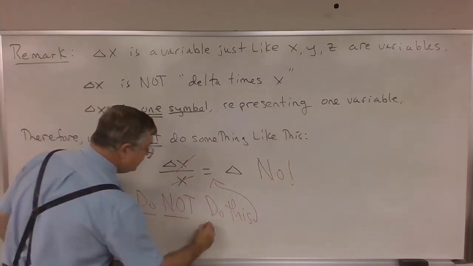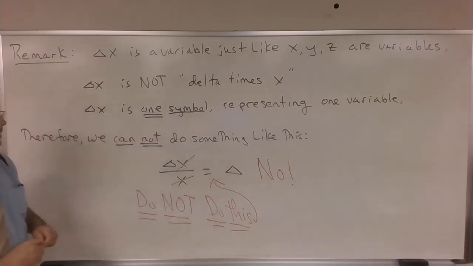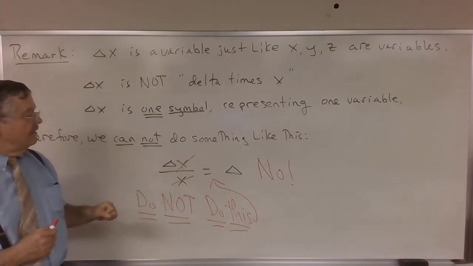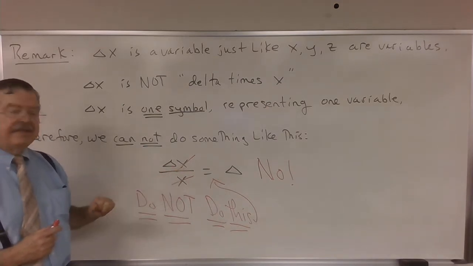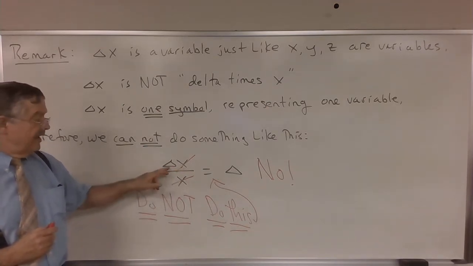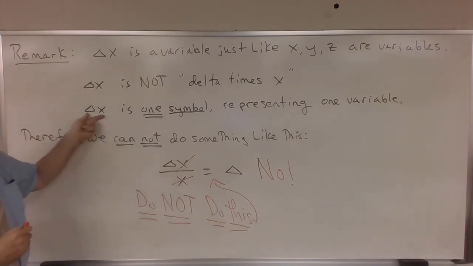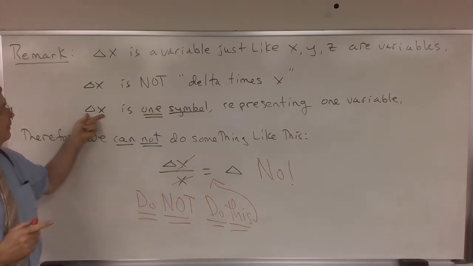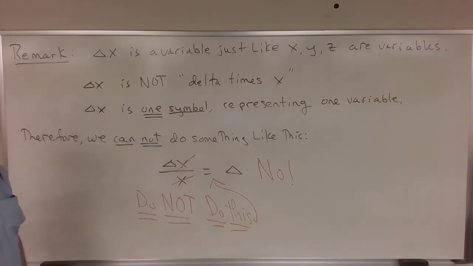We cannot do this. We do not view this as delta times x. So if we have, let's say, delta x over x, we can't cancel the x's. This is not delta times x, so we can't cancel the x's. Delta x is just one symbol representing one variable. So look at this just like you'd look at y or z or any other variable.